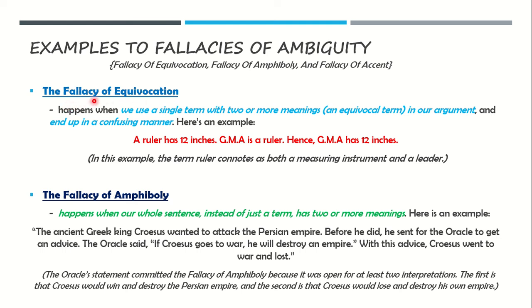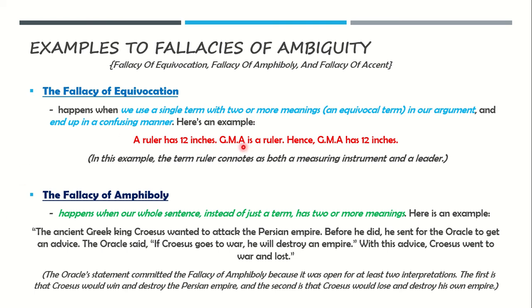So, the fallacy of equivocation happens when we use a single term with two or more meanings. So, meron siyang equivocal term in our argument and end up in a confusing manner. So here is an example. A ruler has 12 inches.